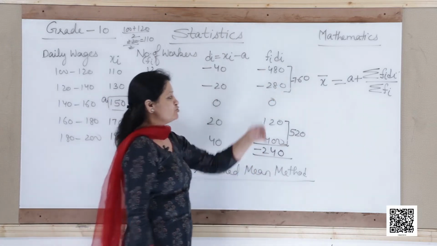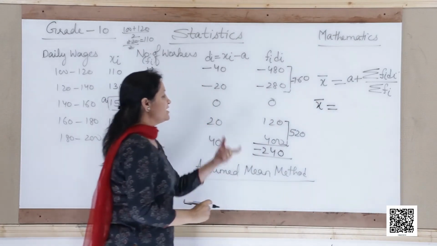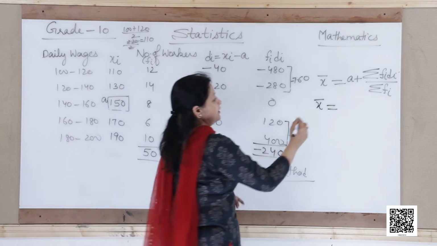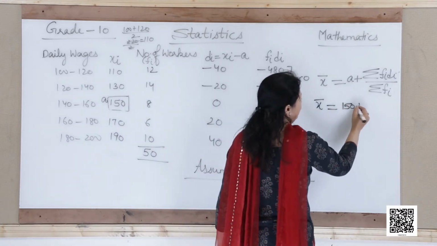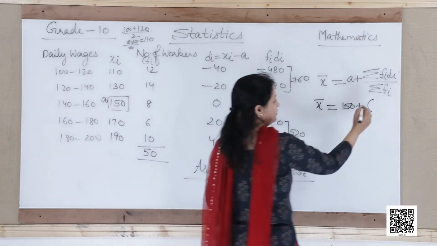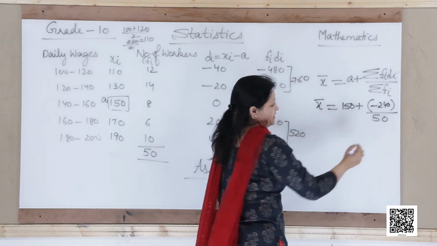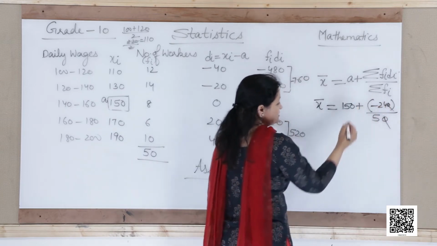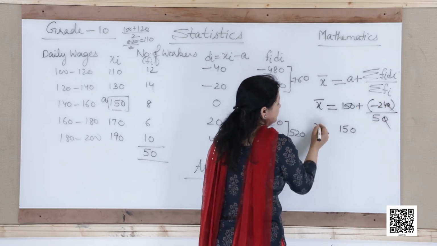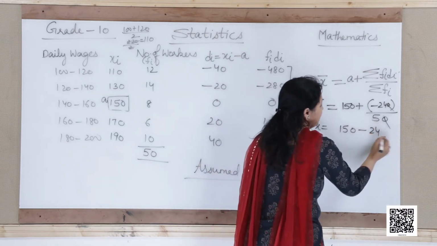Now, put the values over there. So, mean is, we'll put the values in this. A, the assumed mean we have assumed is 150, plus sigma fi di minus 240 upon sigma fi, which is 50. I can cancel this 0 with this. 150 plus minus 24 by 5.